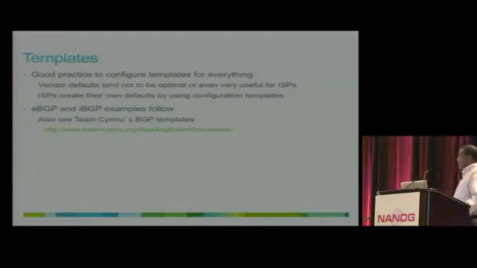Same thing with policy, prefix lists, and so on. It's good practice to use templates for everything, because even if you have just one peer now, you may have multiple peers in the future. So it's better to start from a template, even if you don't need it today. You may need it down the road.